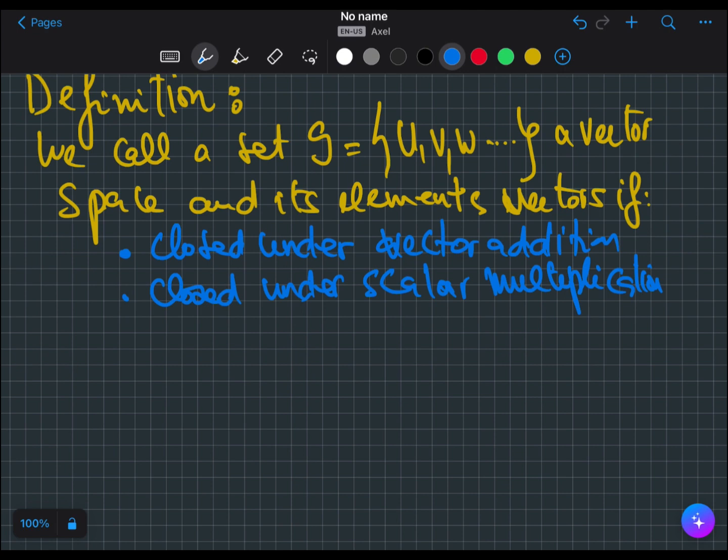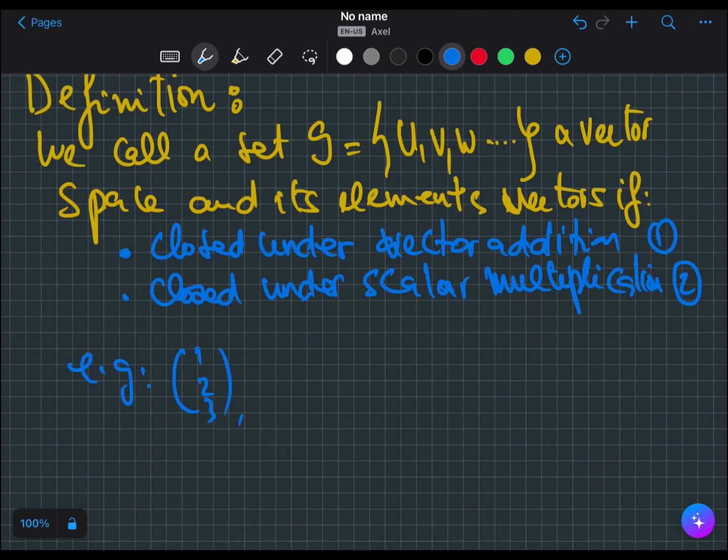For instance, what does that mean? What does it mean to be closed under addition? Let's consider this vector 1, 2, 3, and the other one 5, 5, 6. If I add the two, this will give me 6, 7, 9. Now, we said that a set S, U, V, W of vectors is a vector space if it is closed under vector addition and under scalar multiplication.